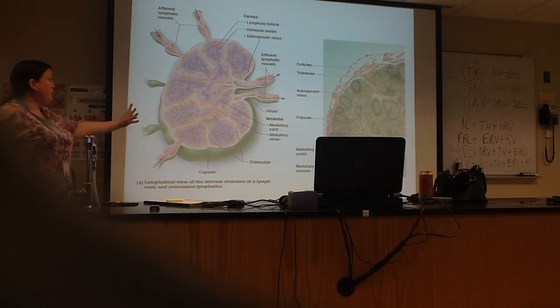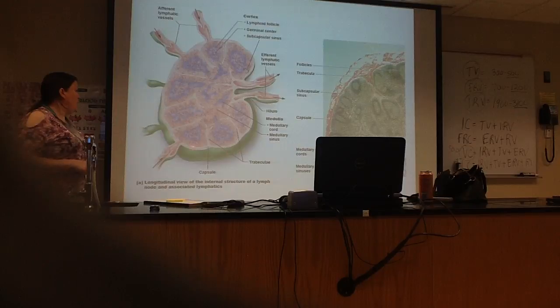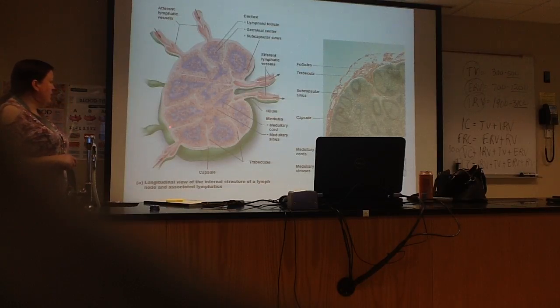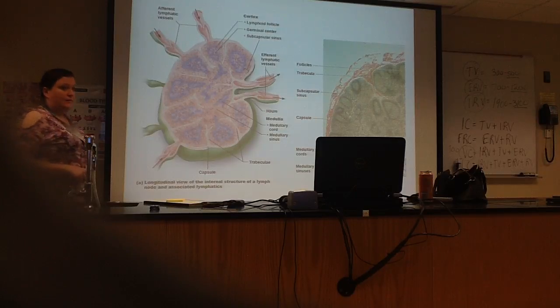So on a lymph node, the outer part is the what? Well, this part. Capsule. And these dividers are? Trabeculae. So then this entire area here is the what? Medulla. Nope.